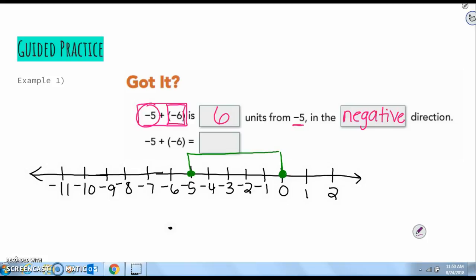From negative 5, we're adding negative 6, which means we're adding 6 units in the negative direction. So that's 1, 2, 3, 4, 5, 6 units in the negative direction, which gives us negative 11. So negative 5 plus negative 6 is negative 11.